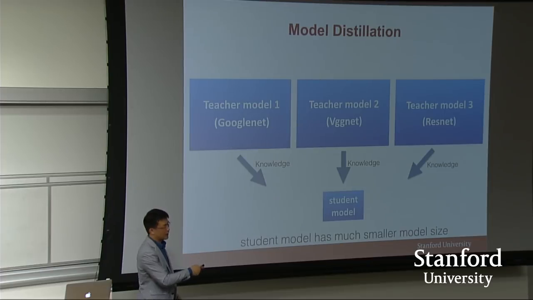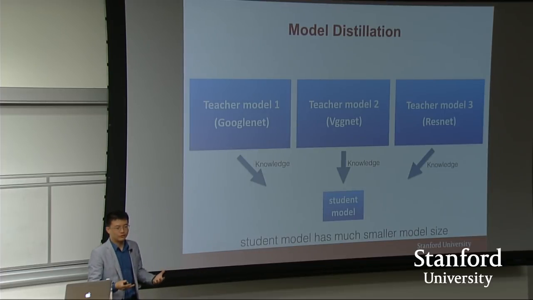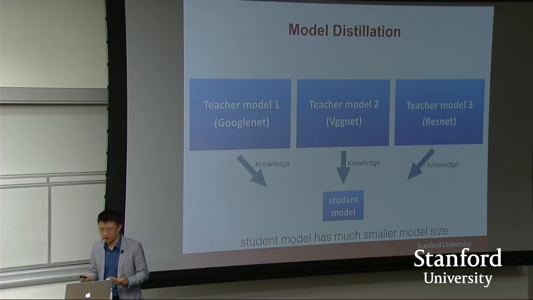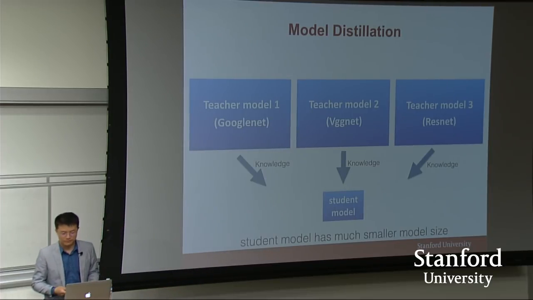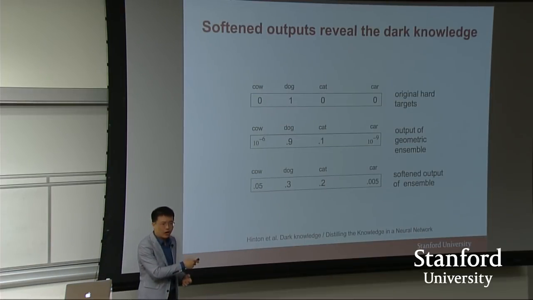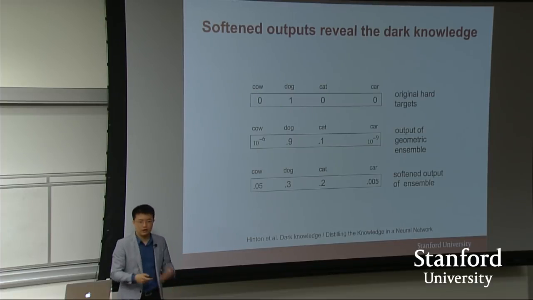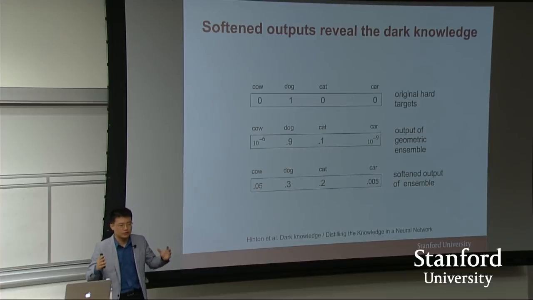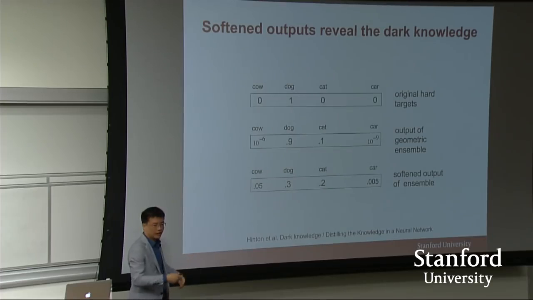So you have multiple large, powerful senior neural networks to teach this student model, and hopefully it can get a better result. The idea is, instead of using the hard label, for example for cow, dog, cat, where the probability for dog is 100%, the output of the geometric ensemble of those large teacher neural networks may say the dog has 90% and the cat is about 10%.